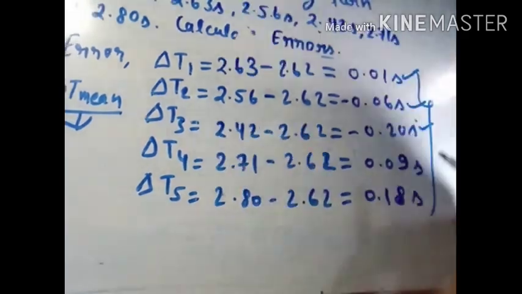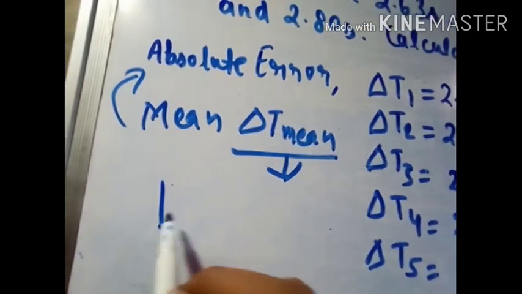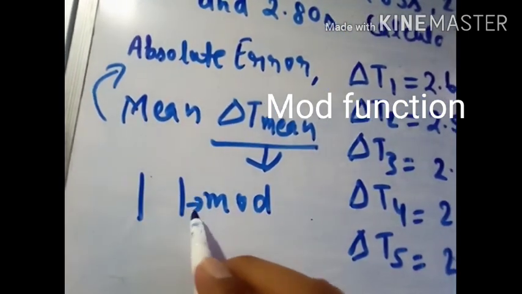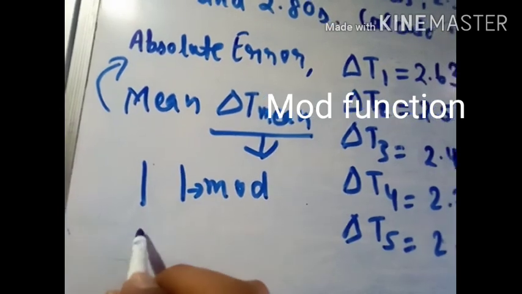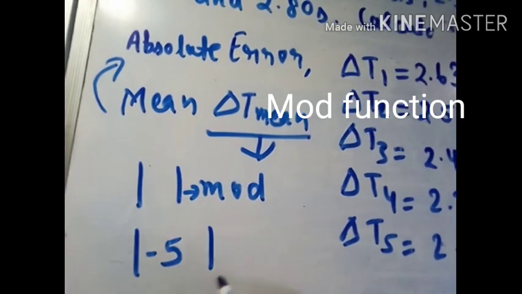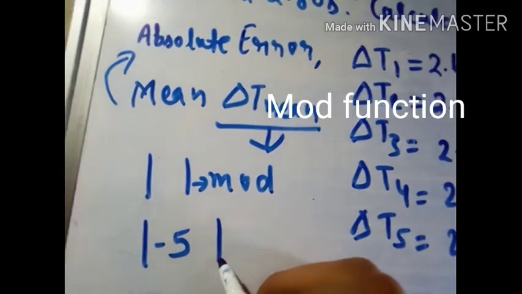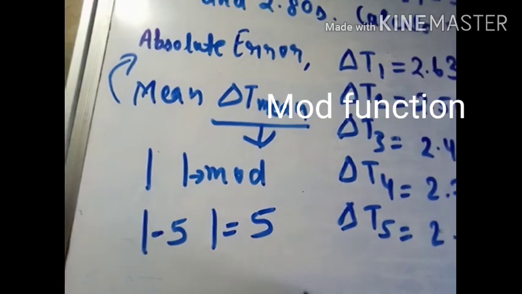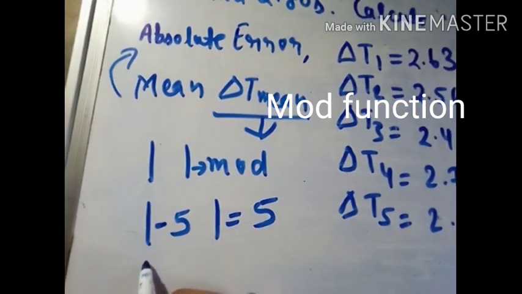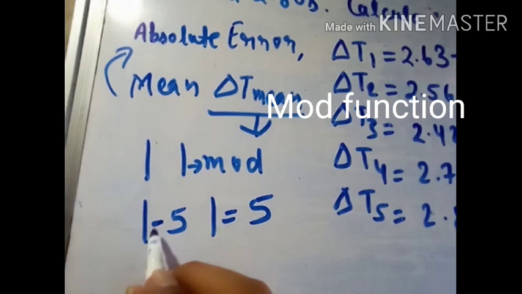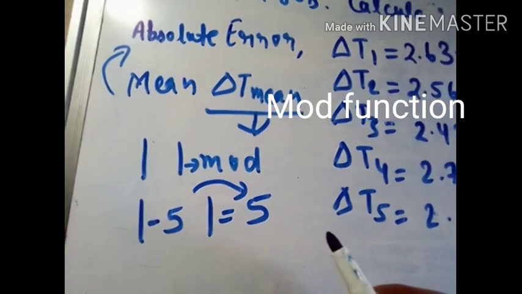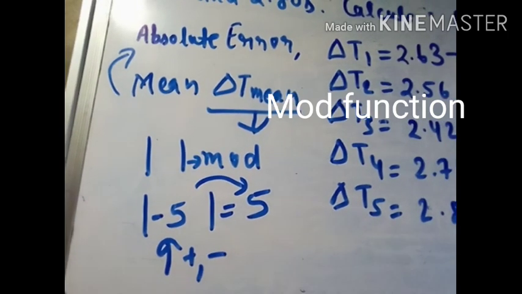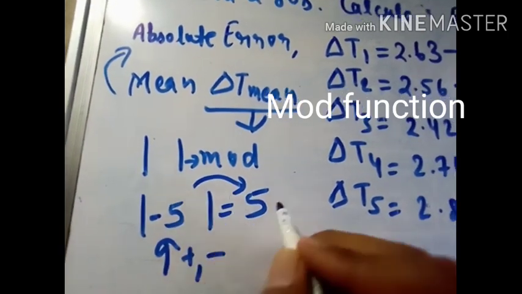And one more thing, this is the sign of mod. What does mod do? When you place a quantity like -5 inside this mod bracket, the mod takes away the minus and the quantity becomes positive. Means mod allows that quantity to be positive. You can put both negative or positive numbers, but the output will always be positive.